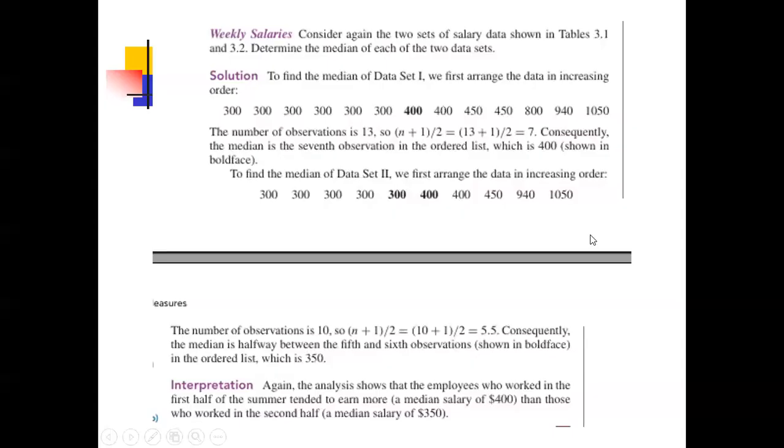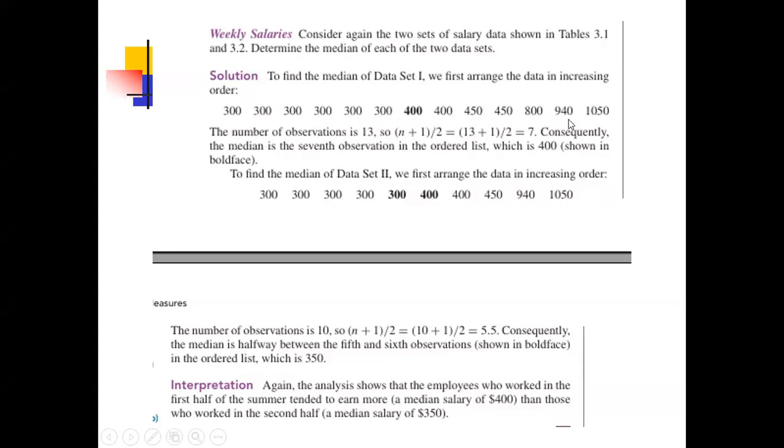Yes sir. All right, so we have two data sets of these salaries that we did earlier. One has 13 values and one has 10. For this 13-person salaries data set, the median position is (n plus 1) divided by 2.